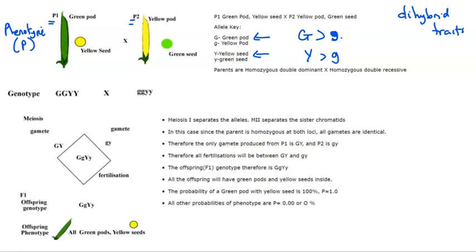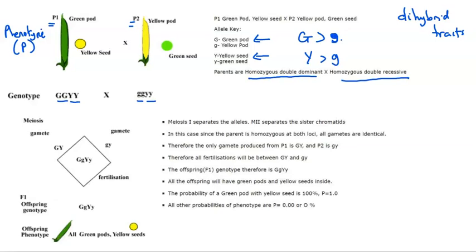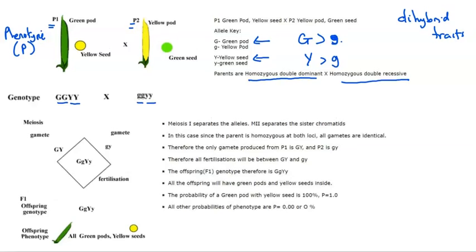In my particular example, I'm going to begin with two parents who are homozygous double dominant, homozygous double recessive. And so my genotypes can be written down as big G, big G, big Y, big Y, little g, little g, little y, little y. And we know that those letters represent the base sequences to be found on the two genes in the two separate homologous pairs.